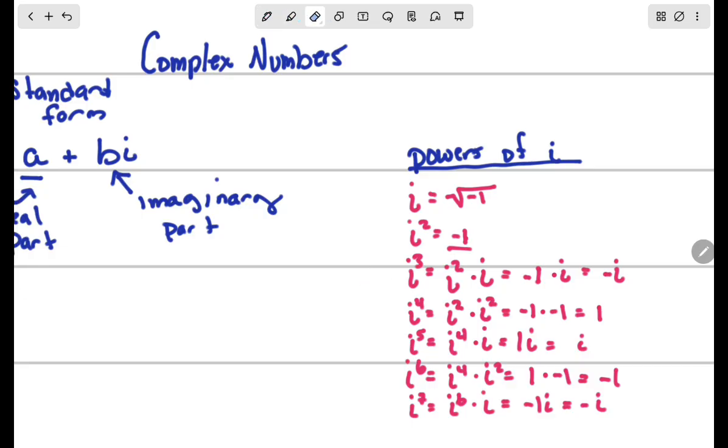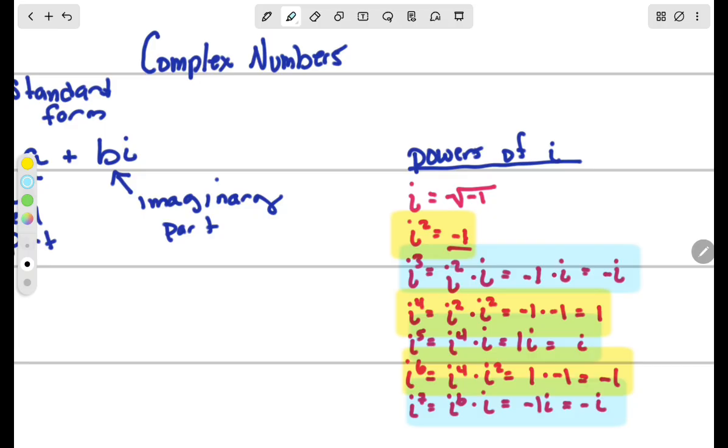What's the pattern between even imaginary unit exponents versus the odd exponents of those imaginary units?